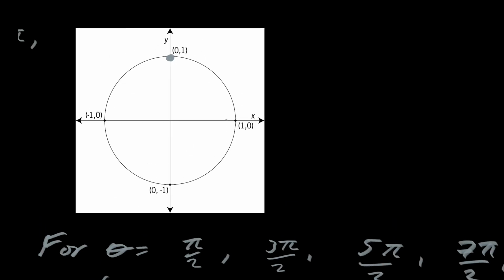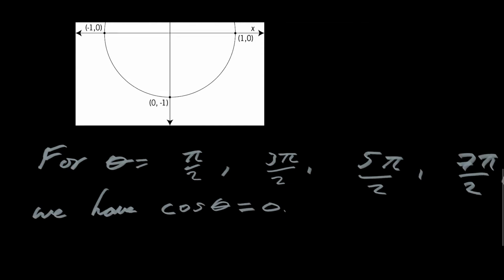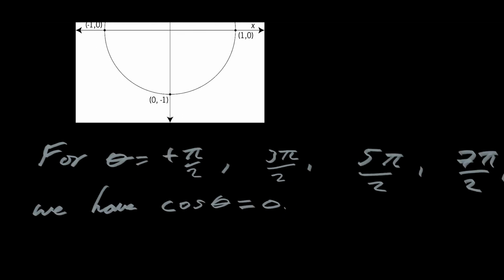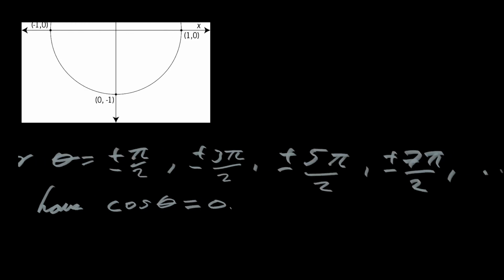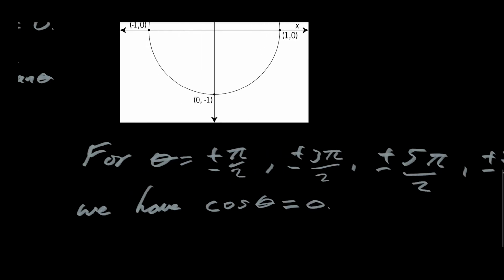Well, no, because the same thing would happen if we went clockwise from the positive x-axis. Exactly the same thing would occur, just with negative values of theta. So just like before, when we were talking about sine of theta equal to 0, we can say positive or negative values. So positive and negative pi on 2, positive and negative 3 pi on 2, etc. values of theta would give us cosine of theta equal to 0.